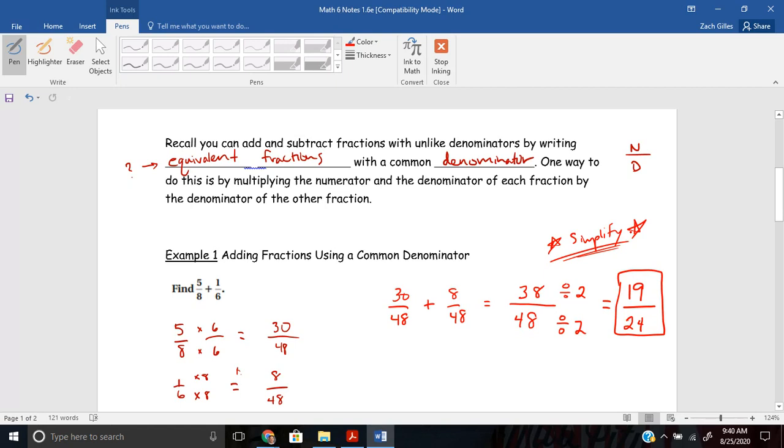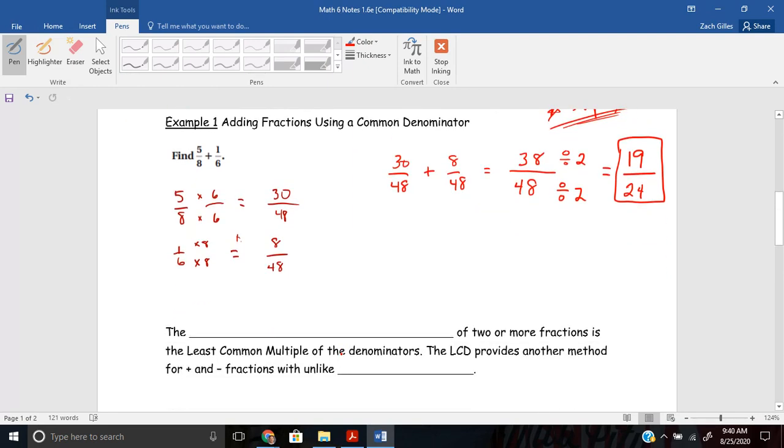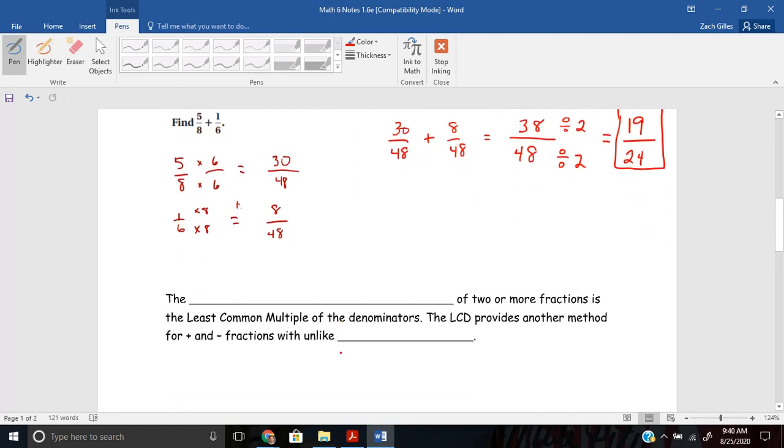Okay. Hopefully that's a little bit of a review for you. But if not, that's all right. I'm going to show you this same addition problem using another method. Okay.